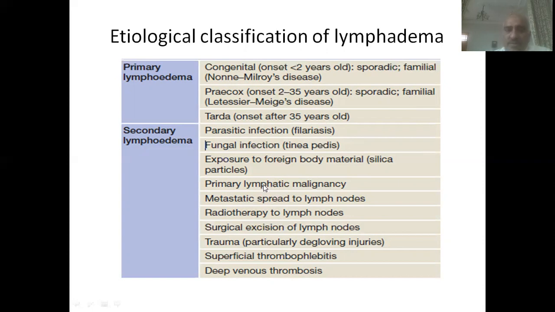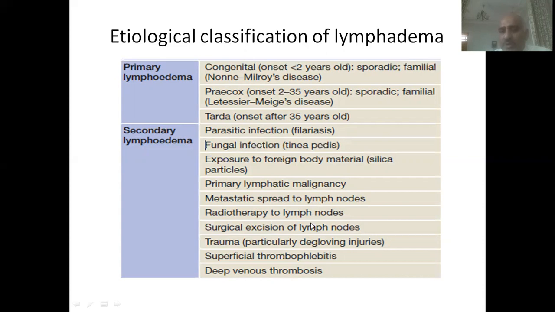Lymphatic malignancy means malignancy of these lymphatic channels or lymph nodes, and then metastatic spread to the lymph nodes. If some other tumor spreads to the lymph node, again the lymph node will stop functioning, and when its function is impaired, there will definitely be lymphedema.